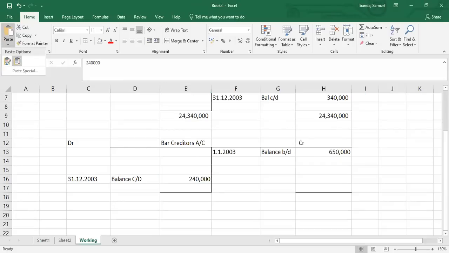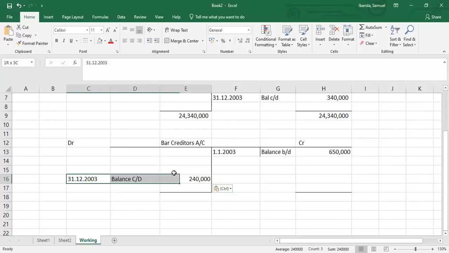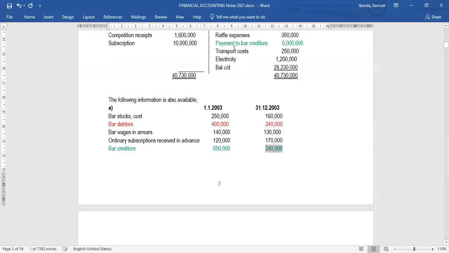Okay, right there. Now, I've been able to record my balance brought down. I've recorded my balance carried down. Now, the next thing I need to record is the payment to bar creditors.